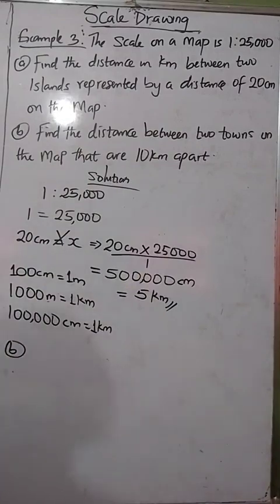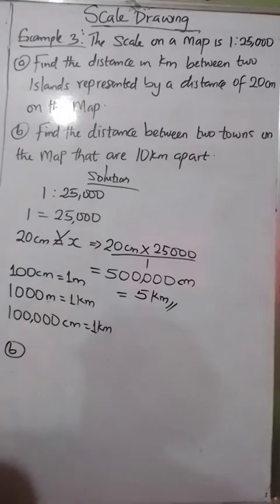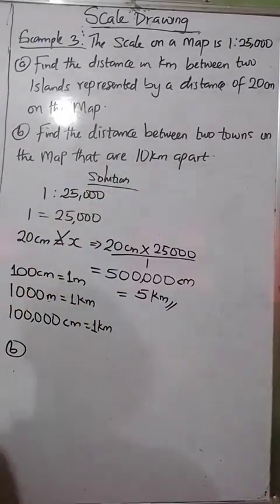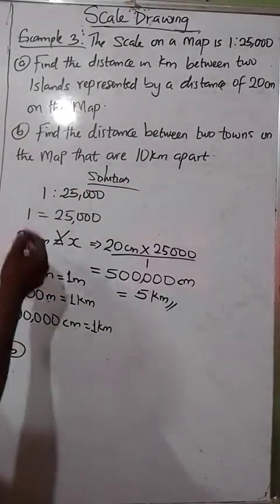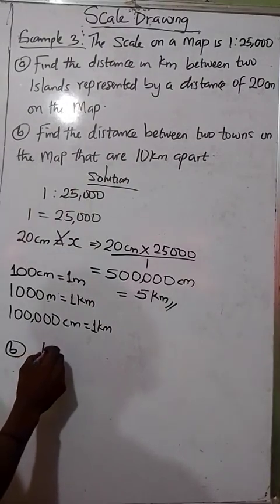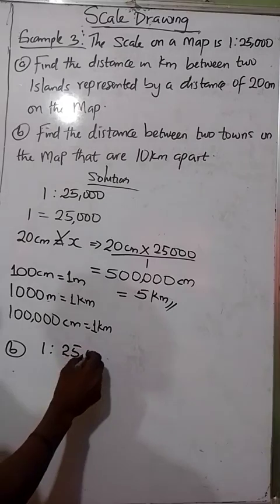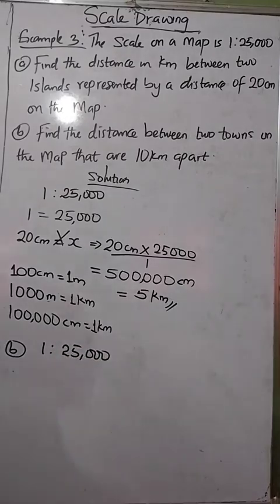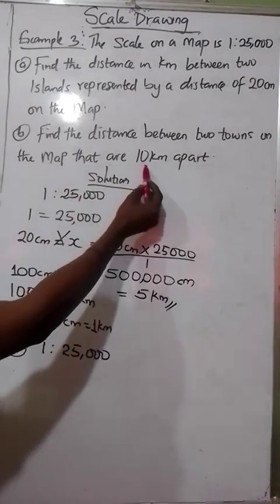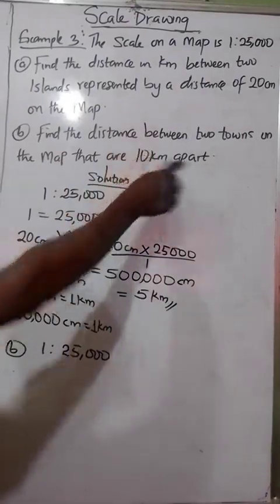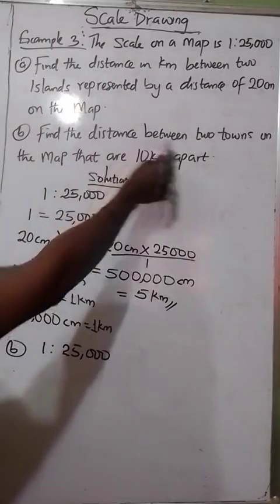Question B. Find the distance between the two towns on the map that are 10 kilometers apart. Alright, so we said 1:25,000. Because we are given the 10 kilometers, this is the actual distance between the two towns.